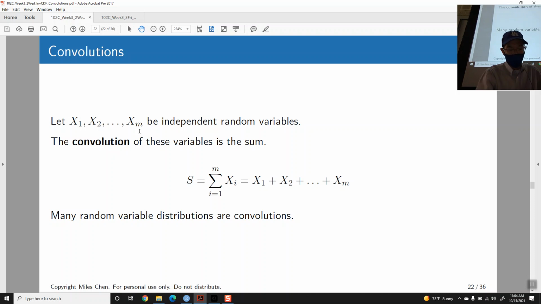If you add them up, the sum itself is a random variable, because you're adding up random values. That sum has its own distribution, and we call that thing a convolution. A lot of random variables that you deal with can be expressed or turned into convolutions, and this is a quick and easy way to generate a lot of variables that we're familiar with.